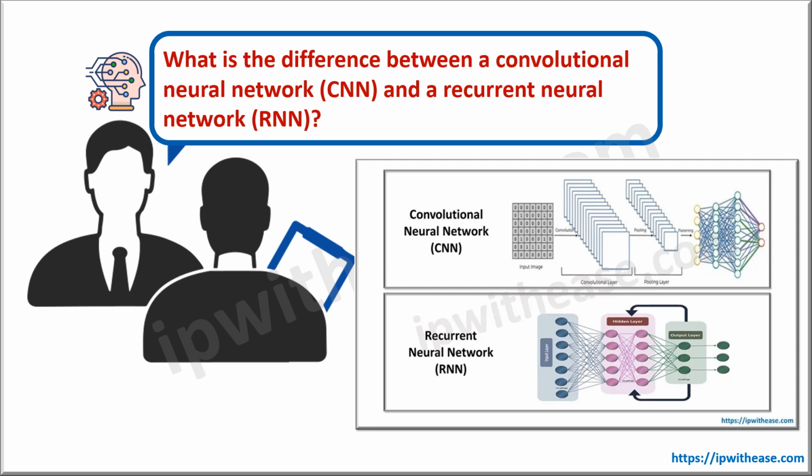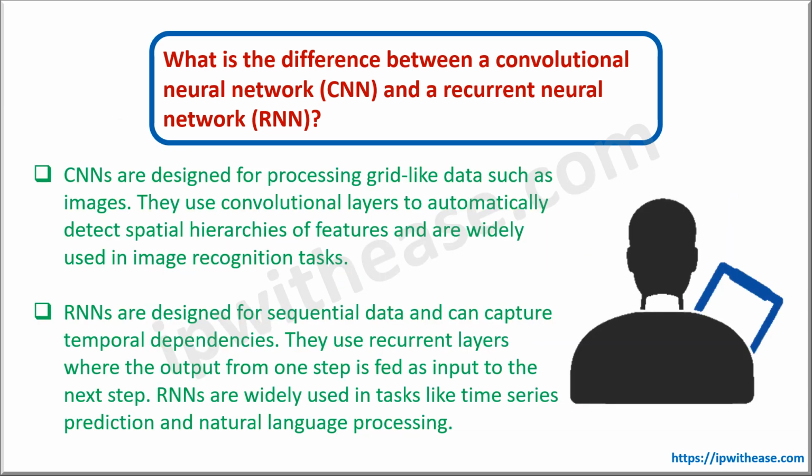Can you explain the difference between a convolutional neural network and a recurrent neural network? CNNs are designed for processing grid-like data such as images. They use convolutional layers to automatically detect spatial hierarchies of features and are widely used in image recognition tasks.